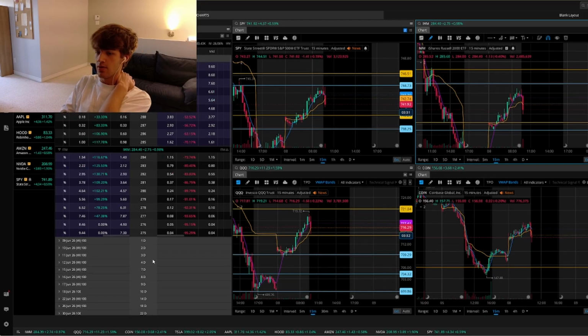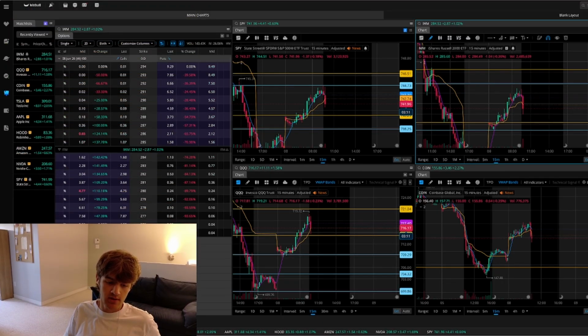For our puts, we want to look at the strikes below our current price, so this side of the options. Then for our calls, we want to look at the calls above our current price. So these ones on the upper right, which is kind of hidden by my cam, which I can put lower down here.